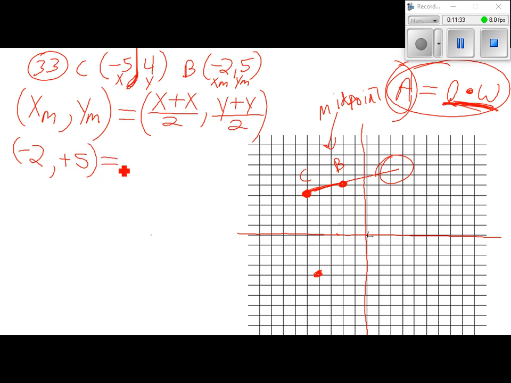Equals, I don't know this x, so I'm just going to leave it as x, plus, what's the other x? The x I do know. -5 over 2, comma. I don't know the first y, but I do know the second one. What's the y that I do know?